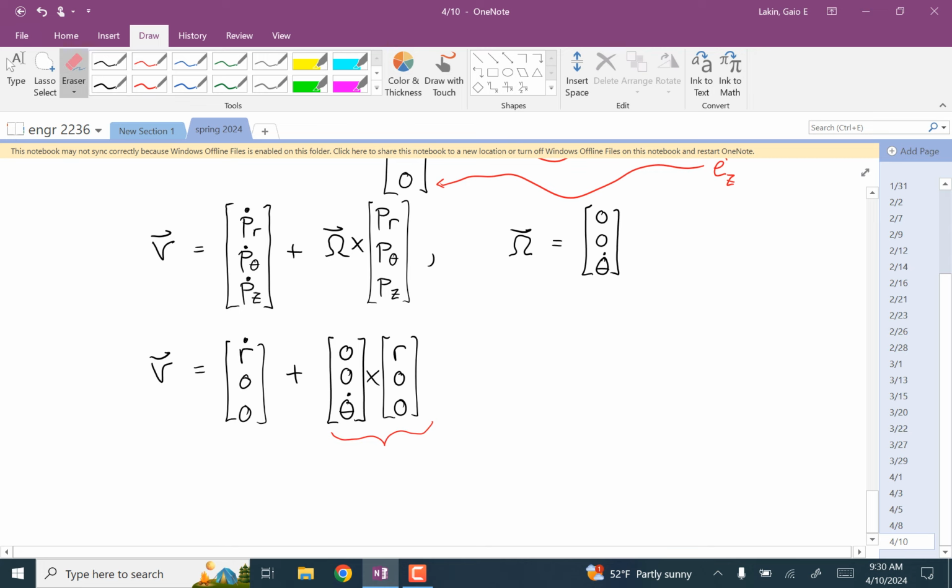So our total velocity vector is just equal to r dot, r theta dot, 0.